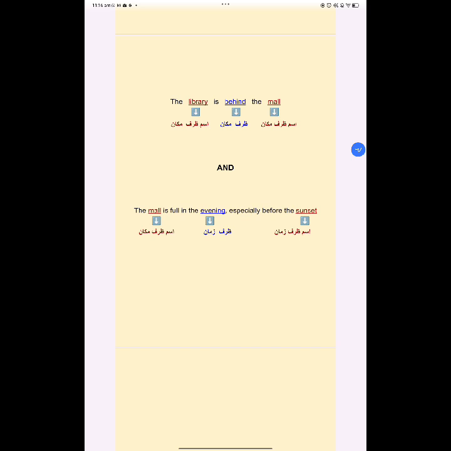Then the mall is full in the evening, especially before the sunset. The word mall is ism zarf makan. The word evening is only zarf zaman because no specific action is associated with it. The word sunset here is ism zarf zaman because the act of sunsetting is associated with the word sunset. So ism zarf zaman.